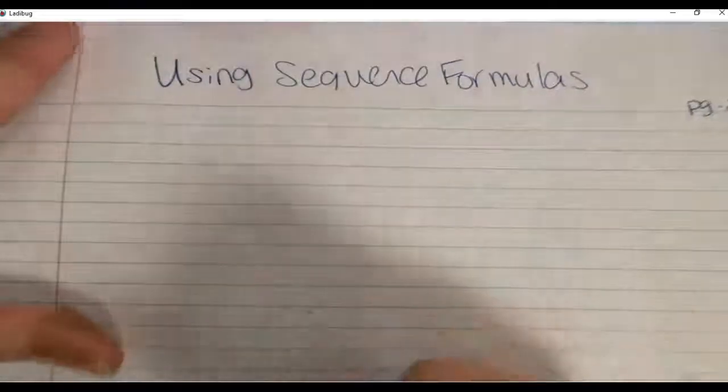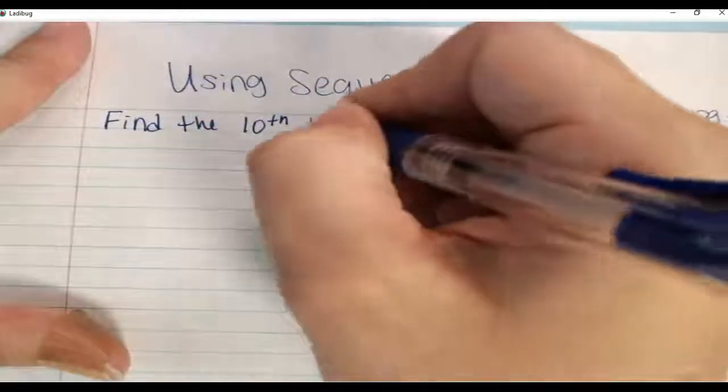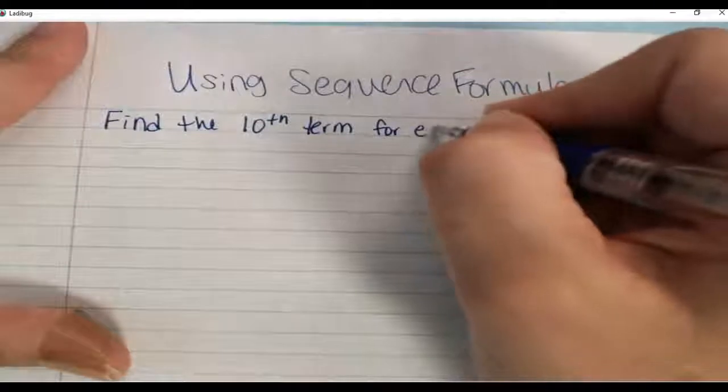So, first let's find a term. Let's say we want to find the 10th term for each of these.